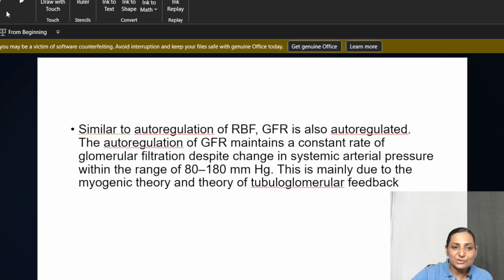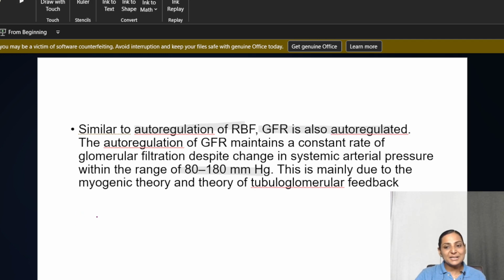And finally, you can just conclude your answer that there is auto-regulation of the renal blood flow, and the GFR is also auto-regulated. The auto-regulation of the GFR maintains a constant rate of filtration. That means despite changes in the systemic arterial pressure in the range of 80 to 180, the GFR will be maintained.